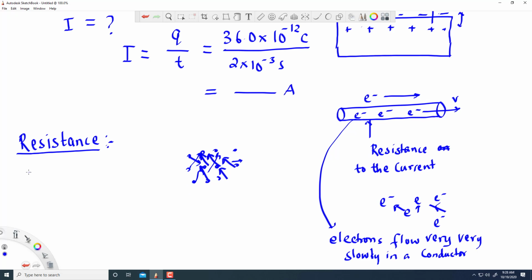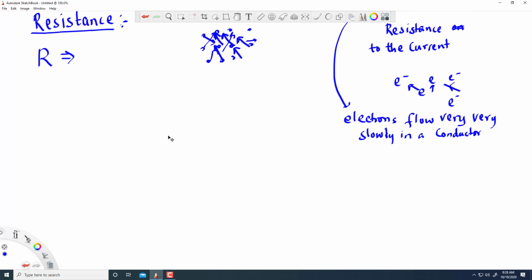Now, what factors affect the resistance? There are a couple of factors that affect the resistance. One is the temperature.